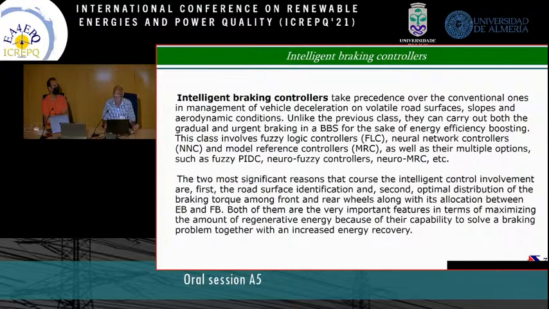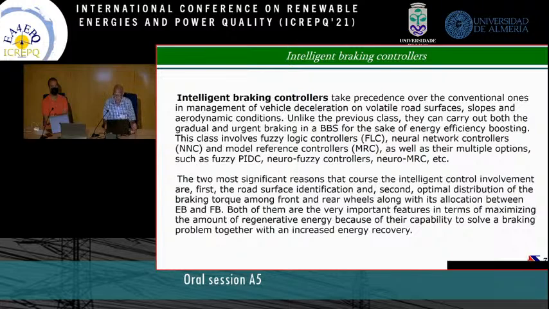Among the neural network controllers, we select different methods, and today we focus on model reference controllers. There are different variants, for example, model reference control with PID, neuro-fuzzy controller, neuro-model reference controller, and so on. Different variants exist.